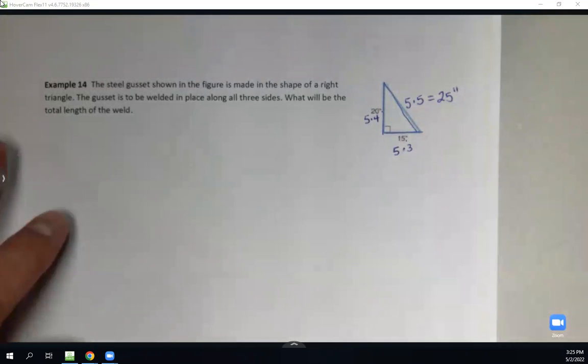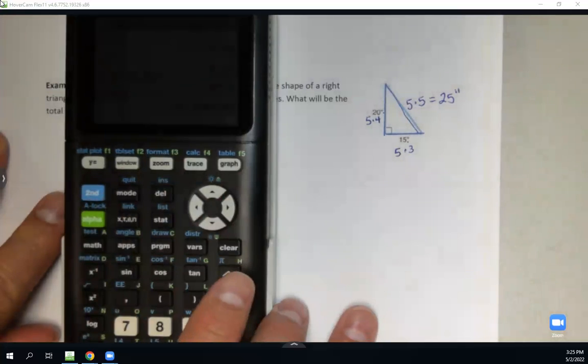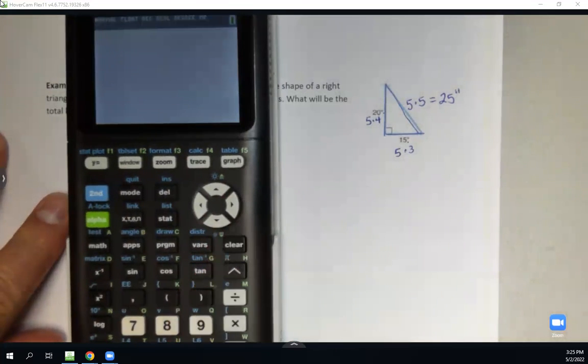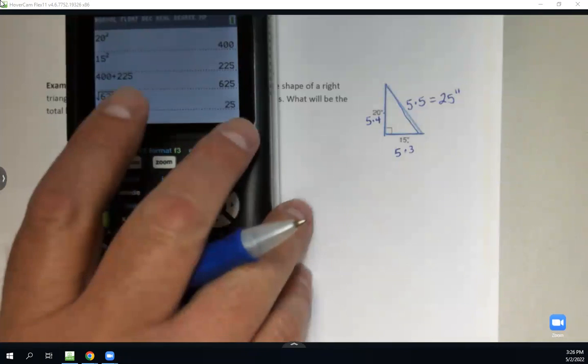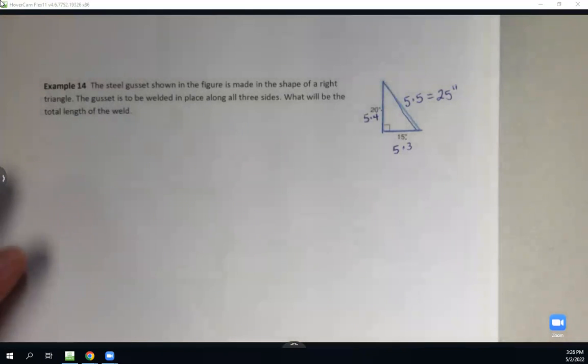Now again, if you didn't remember that, you could take 20 squared, that's 400, 15 squared, that's 225, and 400 plus 225 is 625. And if I take the square root of 625, that's 25. So I did it by the special triangles, but I could have also done it with the Pythagorean theorem.